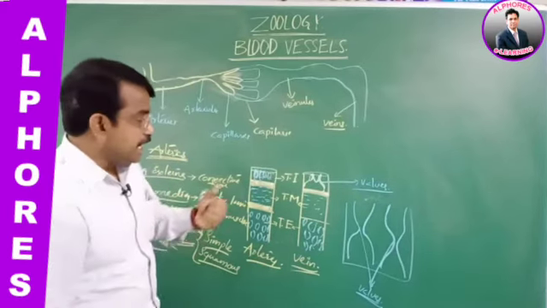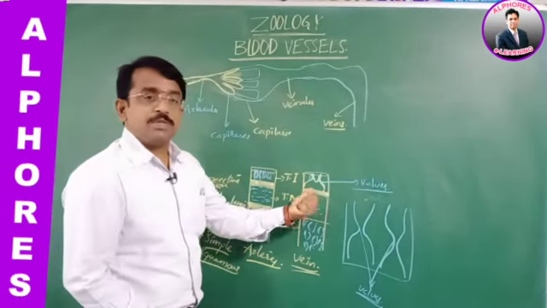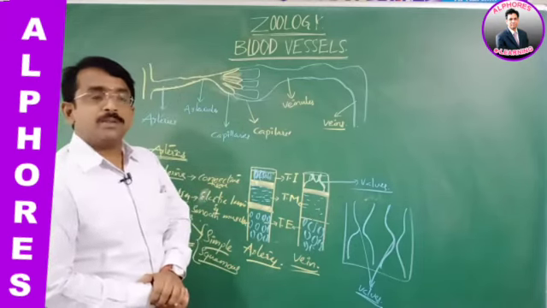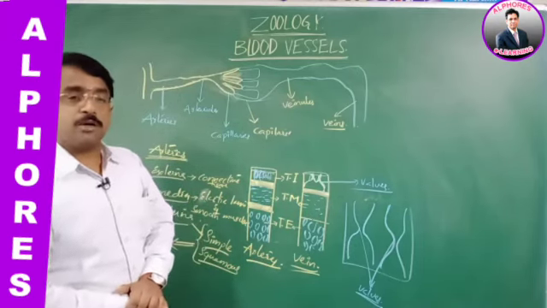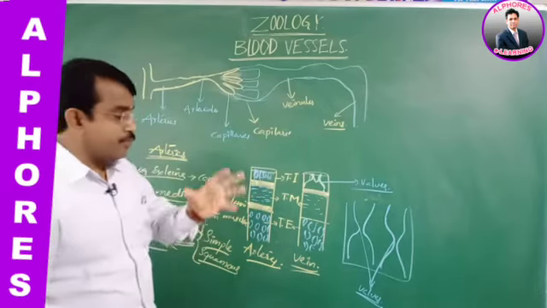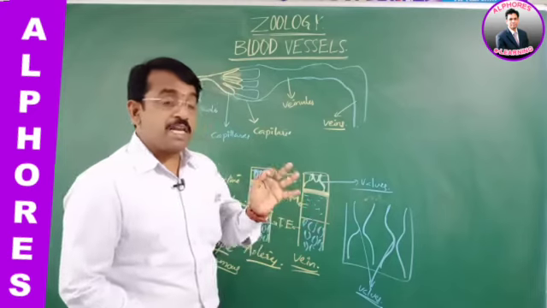Why? The simple squamous epithelium of the veins, the endothelium, is folded to form valves, V-A-L-V-E.